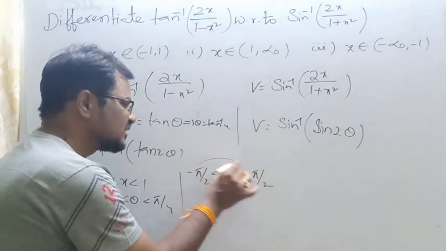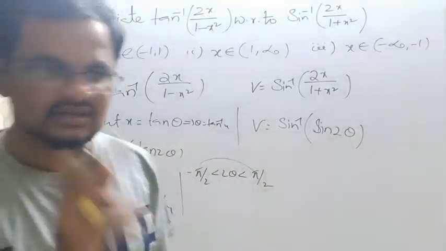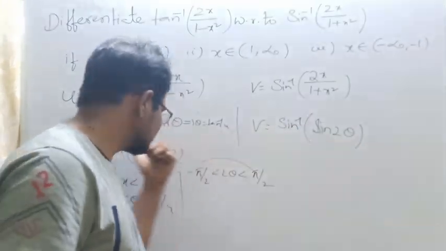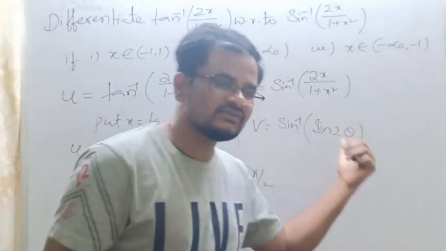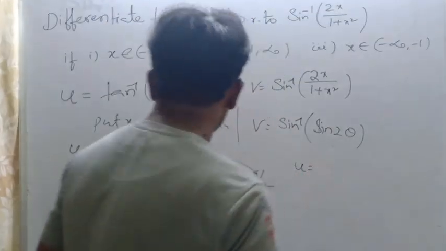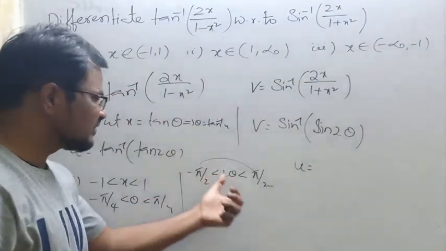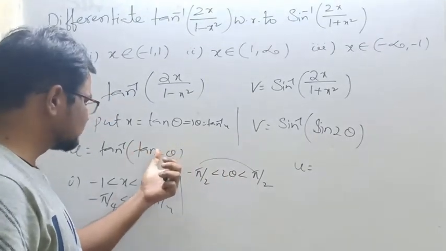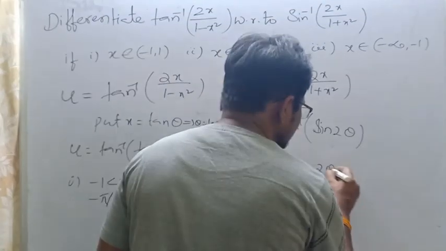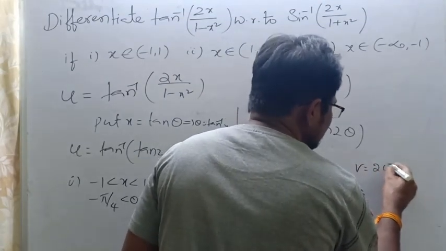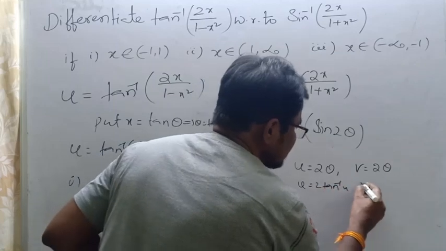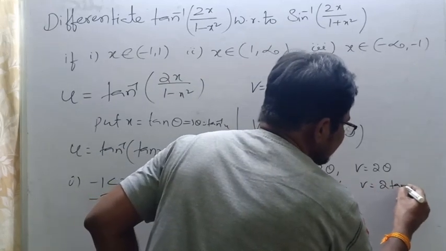Now minus pi by 2 to plus pi by 2 belongs to the range of tan and also the range of tan inverse and the range of sine inverse also. So u equal to, you can replace 2 theta by 2 theta, nothing will change. So as it is you will get u equal to 2 theta and v also 2 theta. Means u equal to 2 tan inverse x, v also 2 tan inverse x.